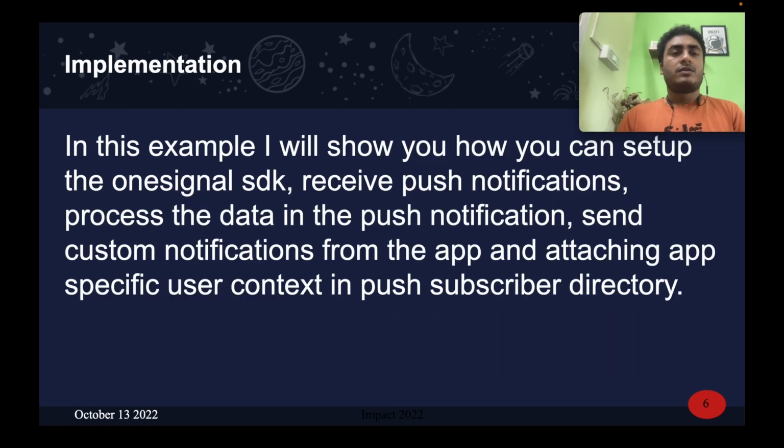Now we'll be quickly going into the implementation part of this. In this implementation part, I'll be sharing my screen and doing the coding, and show you how exactly you can install the OneSignal SDK in your Meteor app and get your app set up with push notifications enabled, how you can receive push notifications in your app, then work with the payload that is coming with the push notification, as well as how you can send custom push, and how you can bind the user context in the subscriber base in OneSignal.